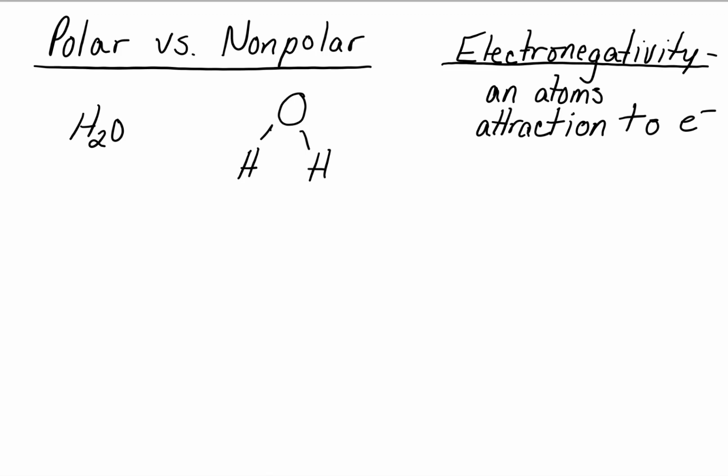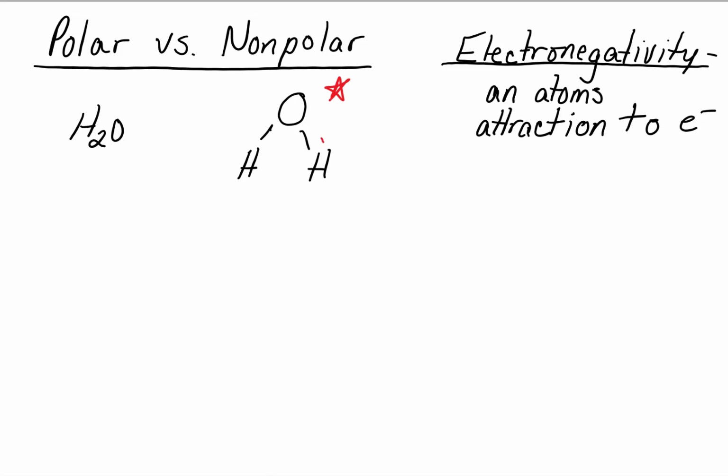We know that oxygen and hydrogen are sharing a pair of electrons, and it happens to be that oxygen and hydrogen have different electronegativities. Oxygen has the stronger electronegativity. It has a higher electronegativity, which means that oxygen is going to have a stronger pull on its shared electrons.